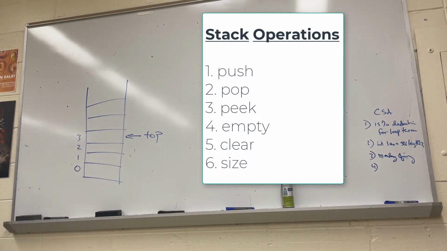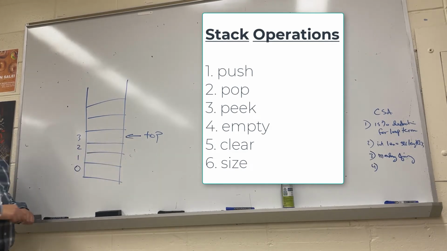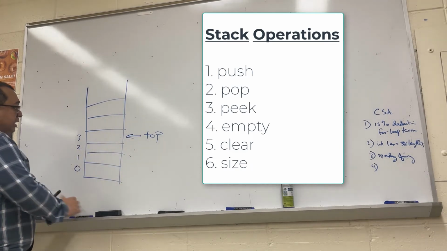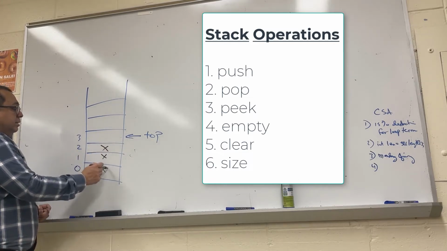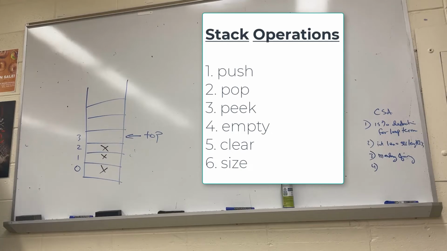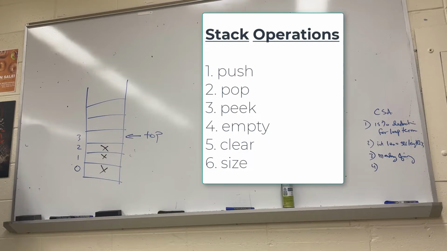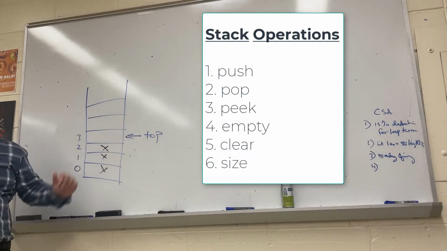Here, top is set to 3. There's data here, here, and here, and 3 doesn't have any data yet. So if I was going to add stuff to the stack, the next place I would add it would be this location. What would happen to the top pointer after I add stuff? Yes, what would happen? Yeah, it would just go up 1 like that.